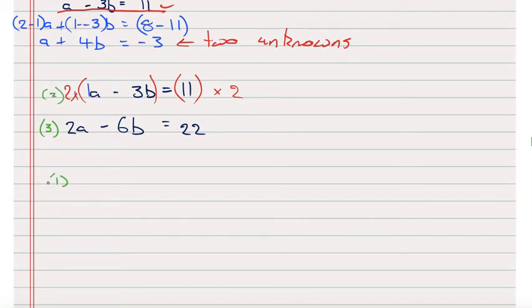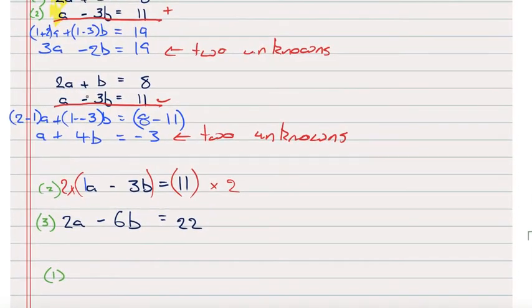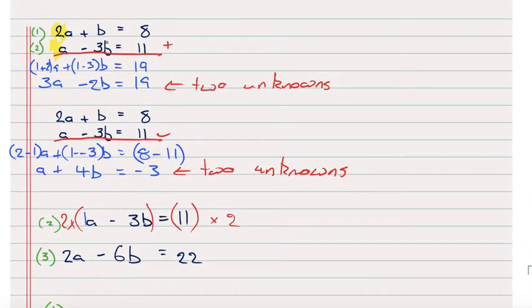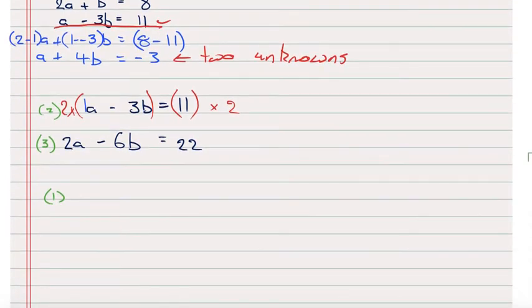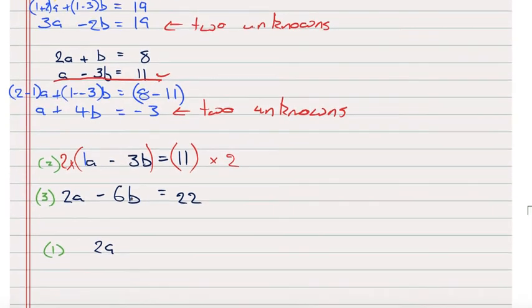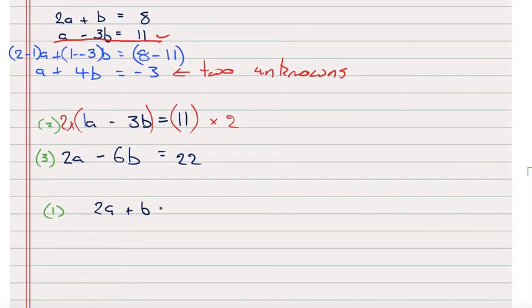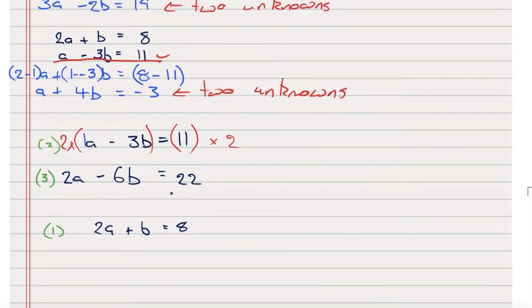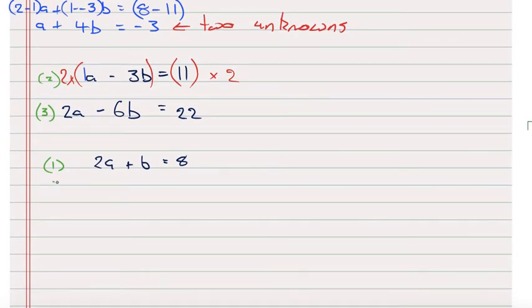So in equation 1, we've got 2a plus b equals 8. So let's write that down. 2a plus b equals 8. And then we've got equation 3.